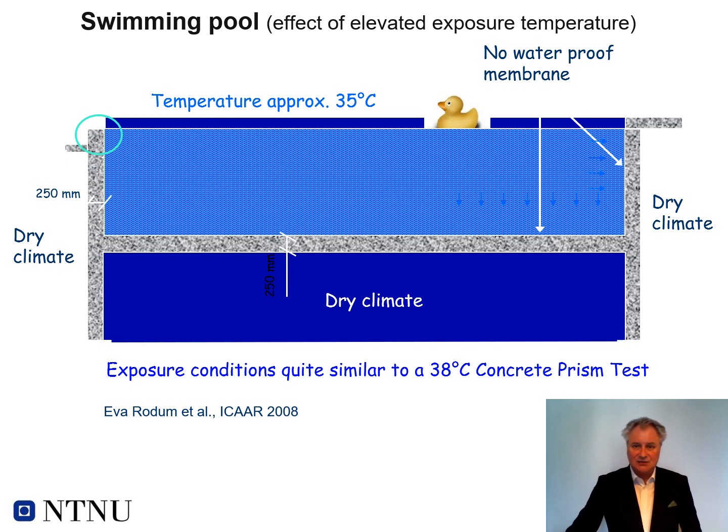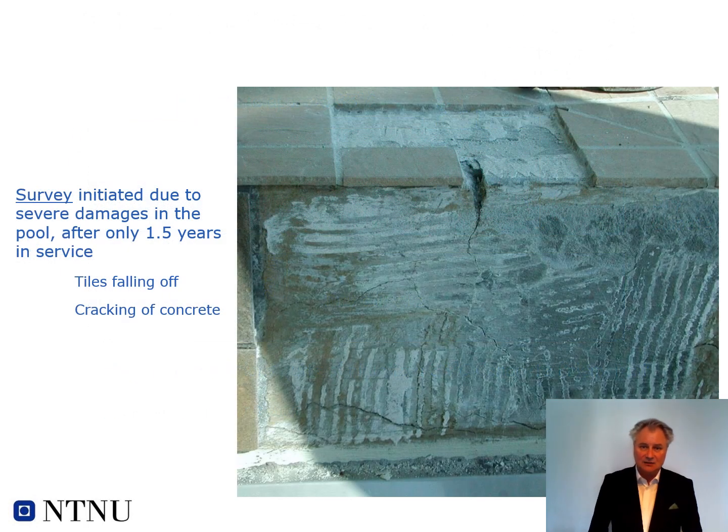So they realized just after a very short time something started to happen. They saw that tiles were falling off, and when they looked at the concrete, they saw the concrete also was cracked. So this happened quite fast because you had a high temperature, you had the reactive aggregates in the concrete and so on.